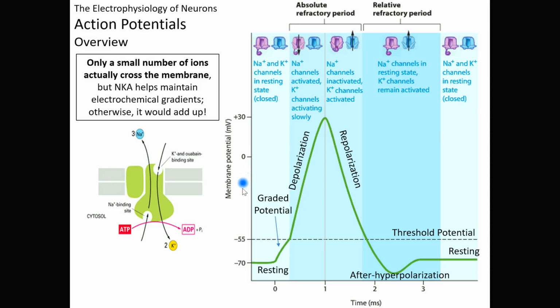And so even though we're going from negative 70 here to positive 30 at the peak of this action potential, which seems like an impressive change, it's a 100 millivolt change, again, we have to recognize that because the plasma membrane is so thin, the absolute number of sodiums that crossed the membrane here to cause this change in potential from negative 70 to positive 30 is actually very small. The absolute number of ions moving was pretty small.